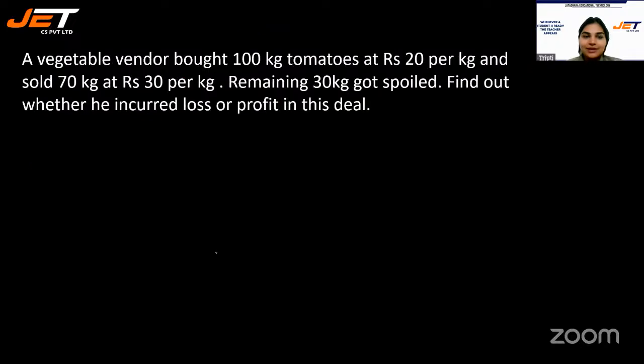Okay? Let's do a similar kind of question. A vegetable vendor bought 100 kilograms of tomatoes at 20 rupees per kg, that means 1 kg is equal to 20 rupees, and sold 70 kgs at 30 rupees per kg, because the remaining 30% got spoiled.